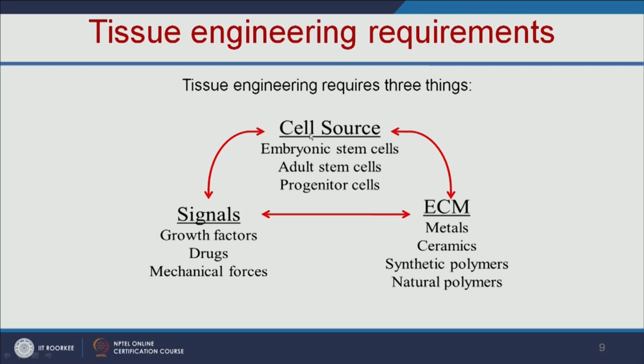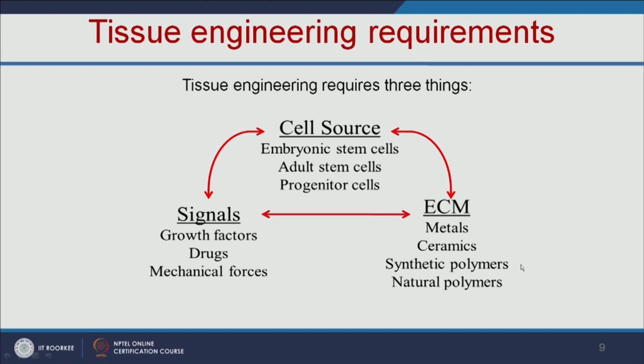The first one is a cell source. It can be embryonic stem cells or adult stem cells. The next one is your extracellular matrix, that is your support or scaffold. It can be a metal, ceramic, synthetic polymer or natural polymer. Depending on the tissue or organ you want to grow, you have to select your scaffold. It can be metal for some bone replacements, and it can be synthetic or natural polymer.